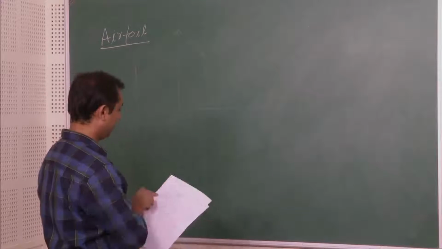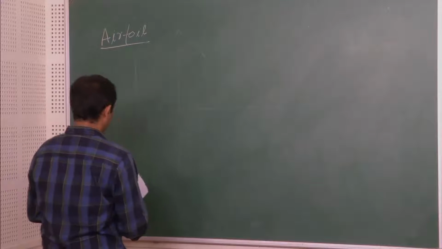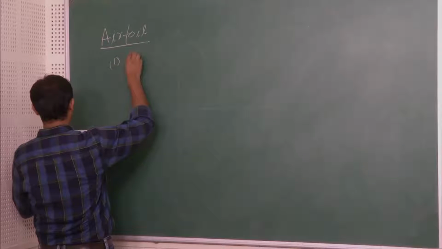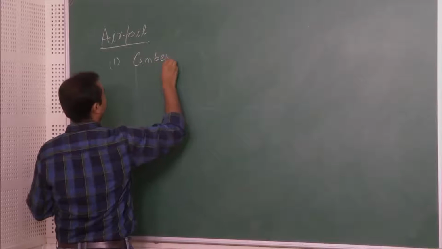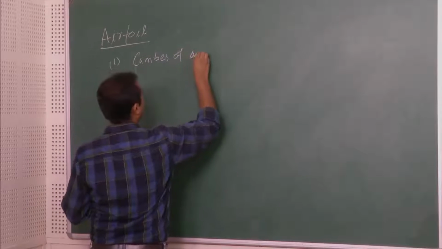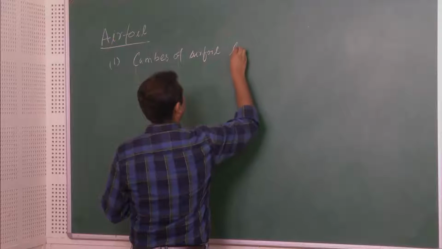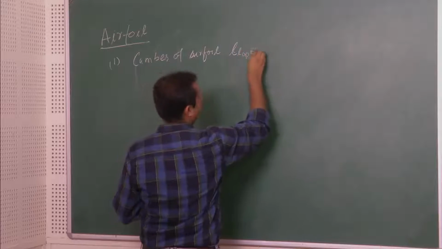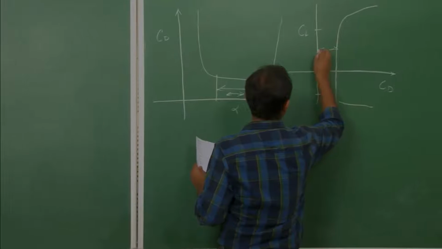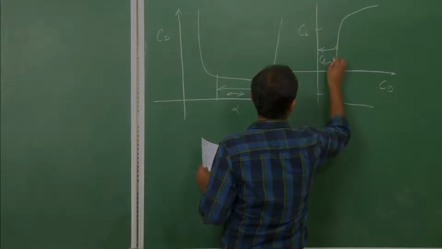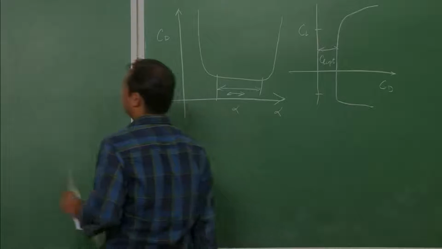Now, to summarize the information we got from this: first, camber of an airfoil. This is your CL optimum, because for this particular range your drag won't change, or it will remain constant.